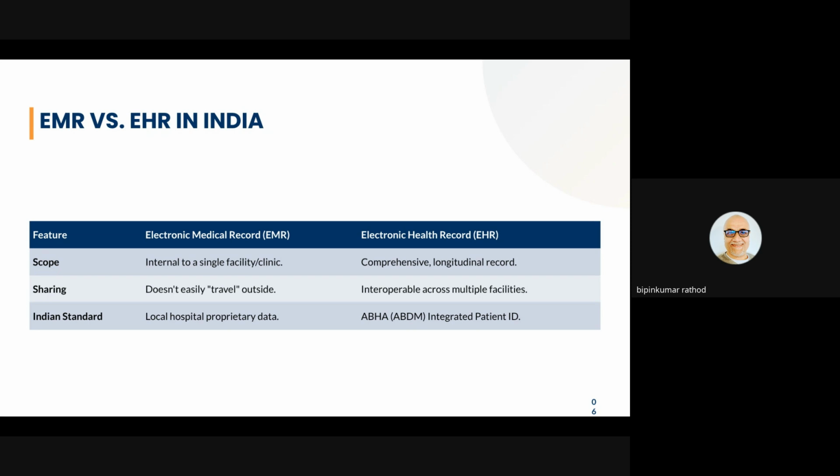And now you visit the Fortis facility in Mumbai the very next day, and the doctor wants to see that particular radiology and laboratory result in their hospital. Due to the feature of being interoperable across multiple facilities, the doctor can access the blood result or radiology report from the Delhi side at the Mumbai side.